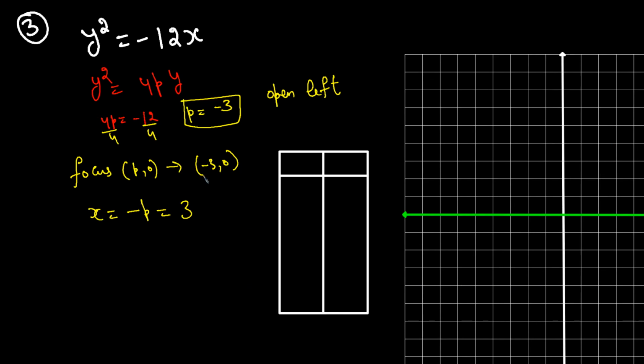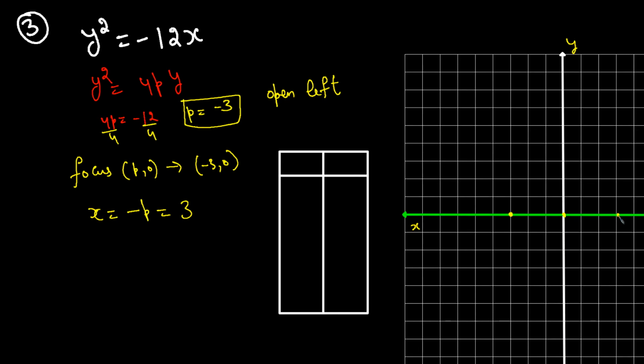All right, so let's plot the focus, which is negative 3 comma 0. So x is negative 3, which is 1, 2, 3. Let me see. So this is my y-axis, this is my x-axis, on the negative side, and this is our 0, 0. So x is minus 3 and y is 0. So that's the point here. This is my focus, and the directrix is going to be x is equal to positive 3, 1, 2, 3.